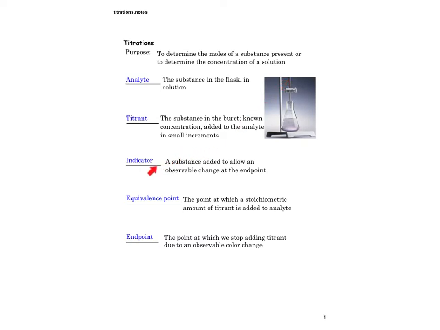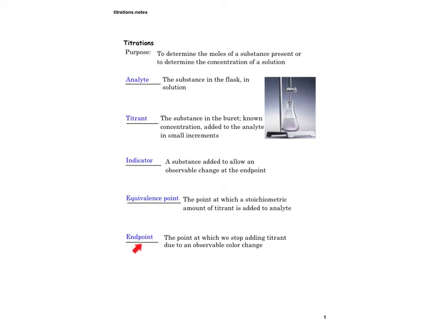If we add something that will make an observable color change, that's called an indicator. And while equivalence point and end point are often used interchangeably, they're not really the same thing. The equivalence point is the stoichiometric equivalence. As I said before, neither one is in excess.